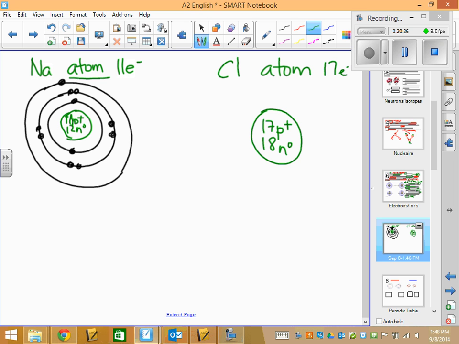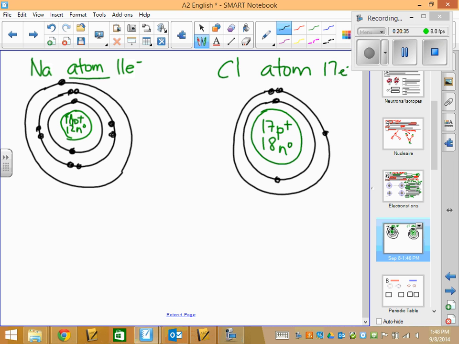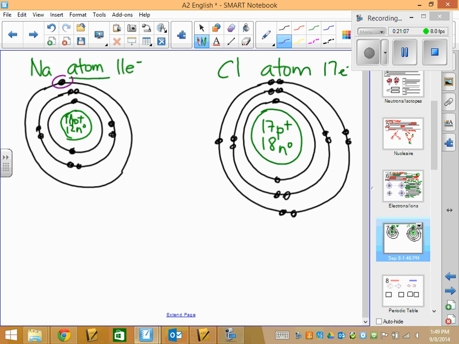For chlorine's electrons, since I need 17 of them, I would put 2 on the first level, 8 on the second, and then on the third, I would put 7. Altogether, that makes 17. Notice how I always put electrons in pairs if I can. So on that last level for chlorine, I have 3 pairs of 2 and then 1 electron all by itself.